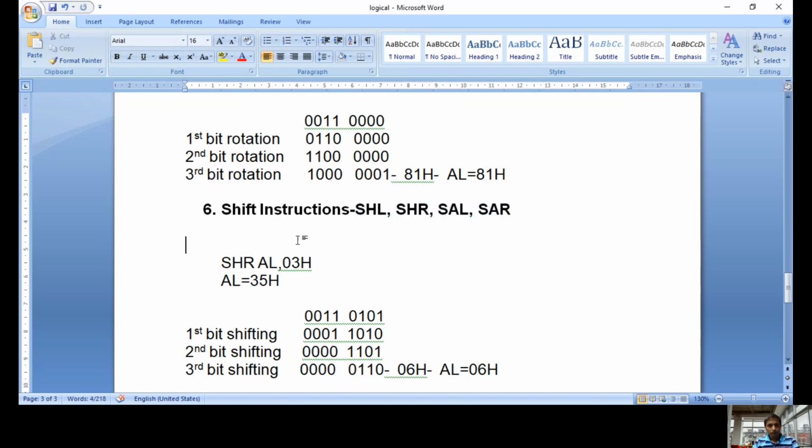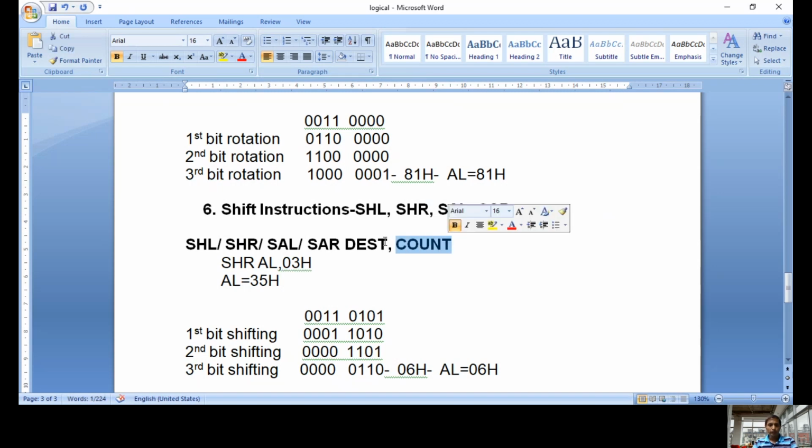We can use any one mnemonic, not all, depending on our requirement. Then, destination comma count. The count should be a number, in which we mention how many bits we are shifting, either to the left side or right side, with carry or without carry.